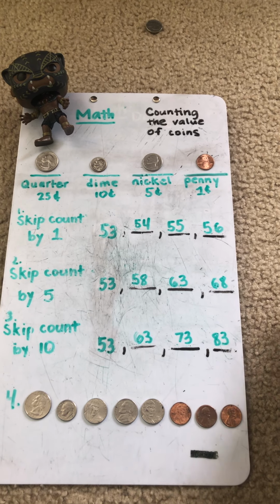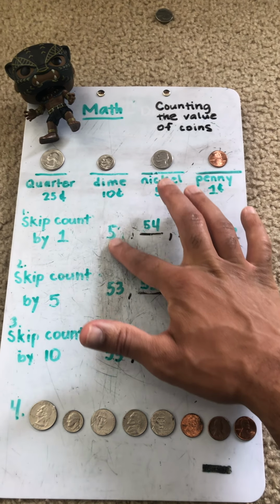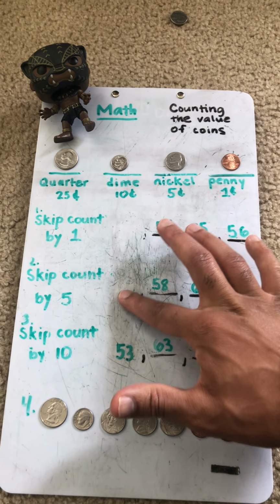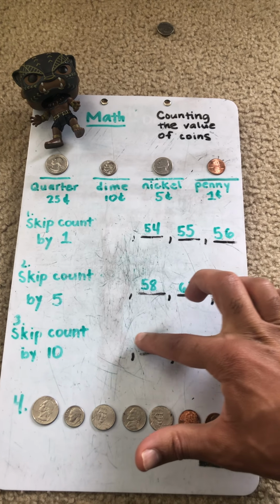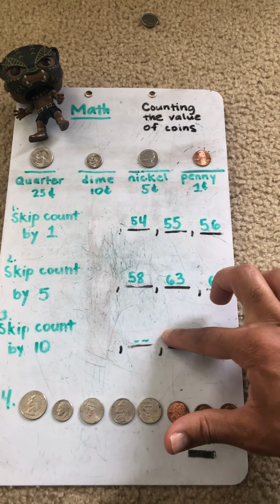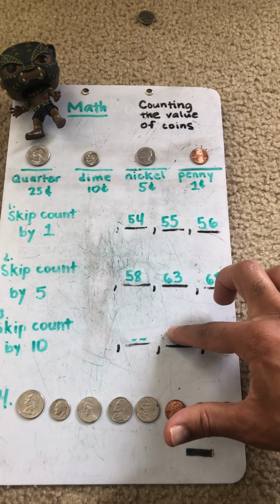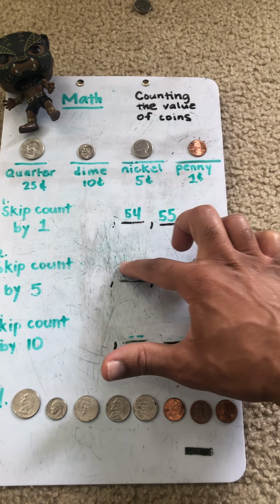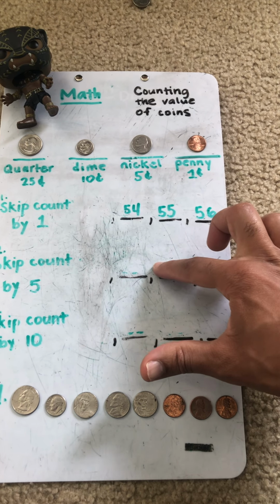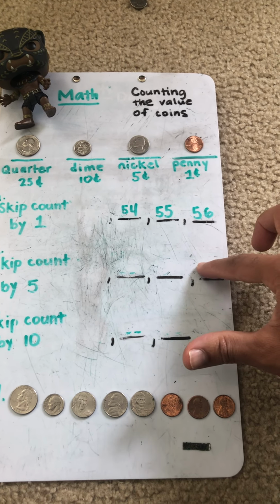Okay? So we're going to set up one more here for us so that you all will have a chance to practice, just like we did yesterday, of finishing my patterns so that we can become really good at skip counting, which we know will help us when it comes time to counting our actual coins.